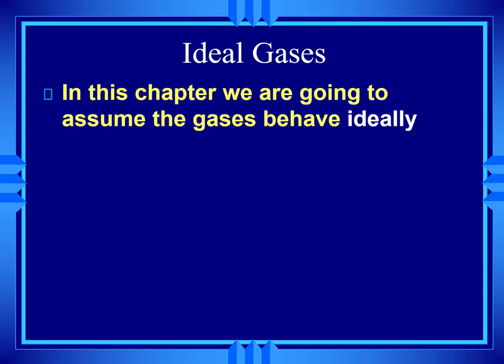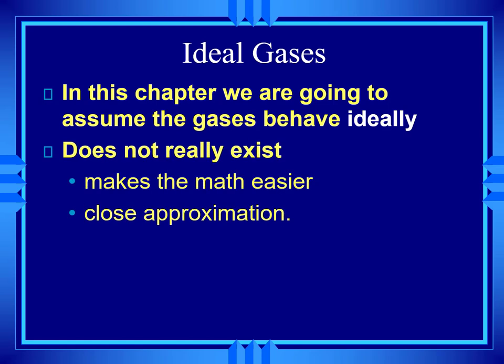Okay. So for most of this chapter, we're going to assume gases behave ideally. Ideally means they follow the kinetic theory perfectly. Reason why we do it is because it makes the math easier. Say, well, hey, is there anything else I can use to make the math easier?